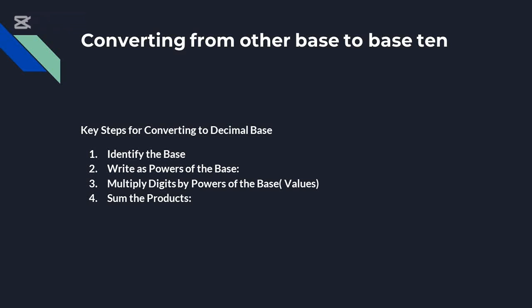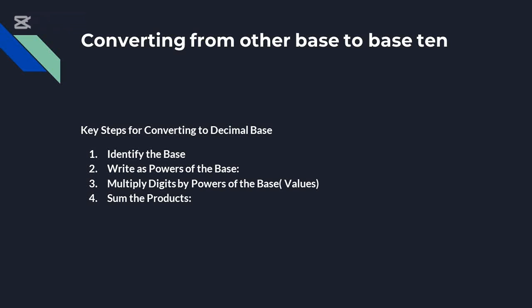If it is base 2, make sure you write the numbers as powers of base 2. Then you have to multiply the digits by powers of the base, that is to say the values. In simple terms, you're getting the values of the given number. Then the last one, you get the sum of the products. So the number you get will automatically qualify to be under base 10.